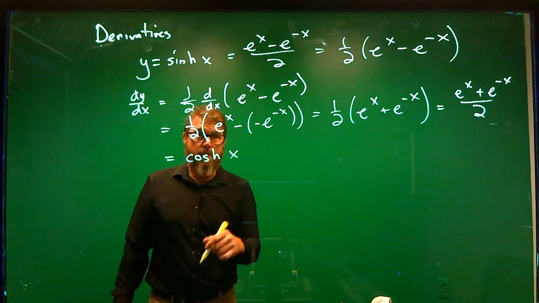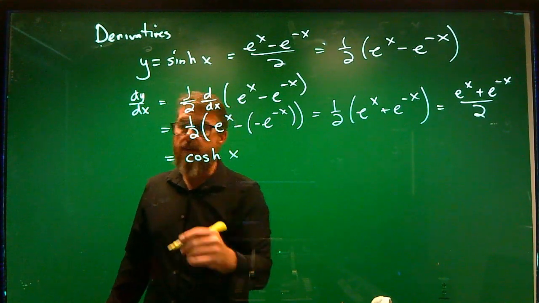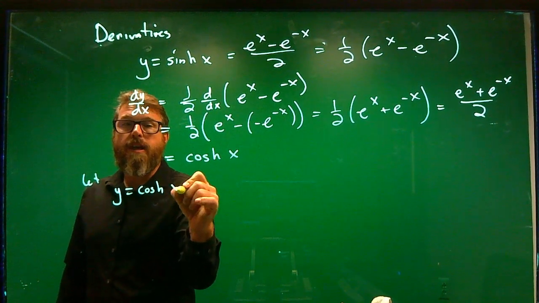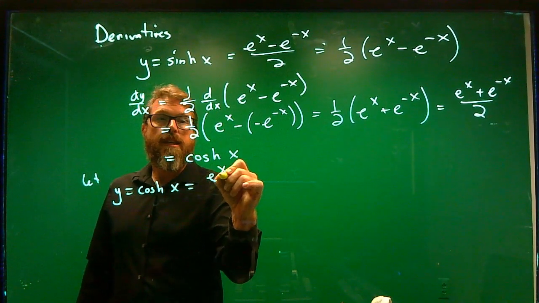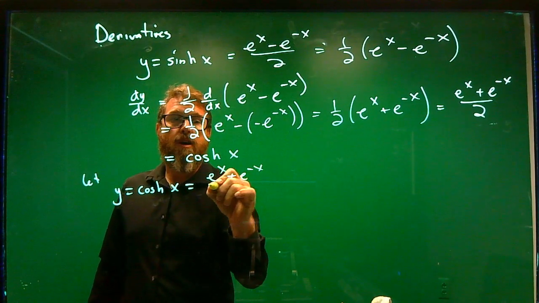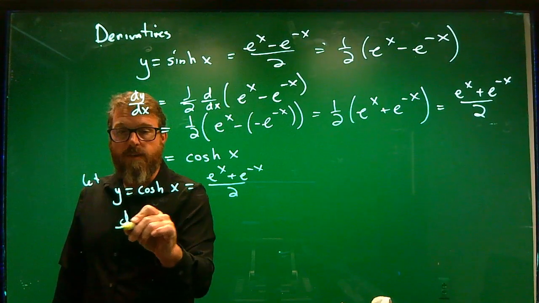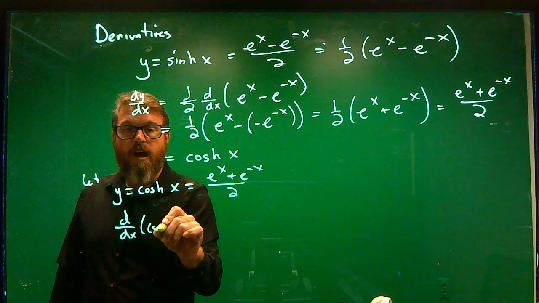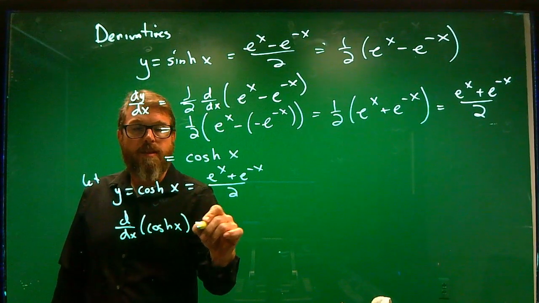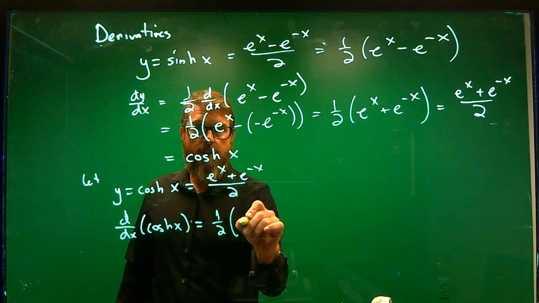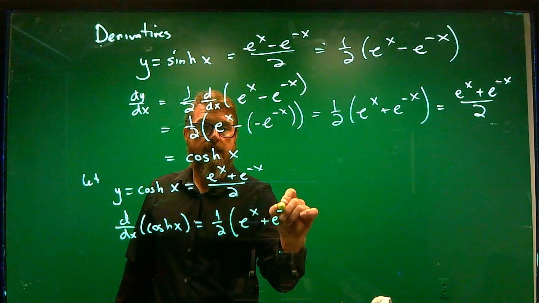Now what is interesting about the hyperbolic cosine is its derivative. Let y equal the hyperbolic cosine of x, which is (e to the x plus e to the negative x) all over 2. If I want to find the derivative with respect to x of the hyperbolic cosine of x, this is going to be 1/2 times the derivative of e to the x plus e to the negative x.